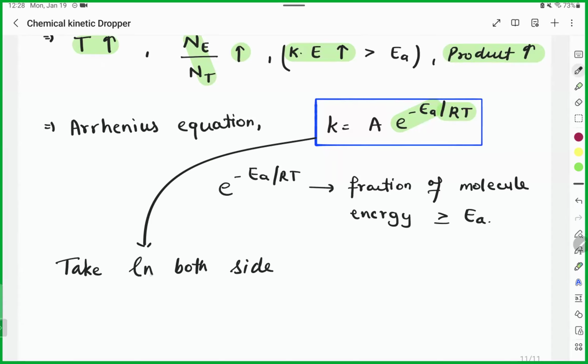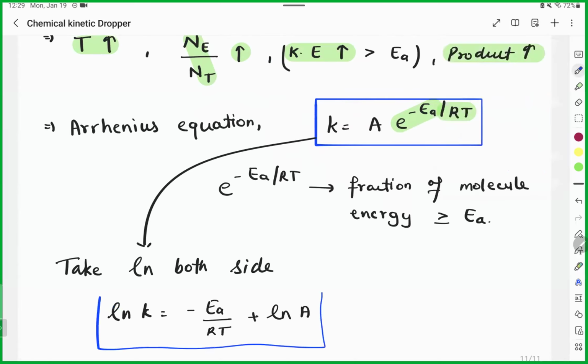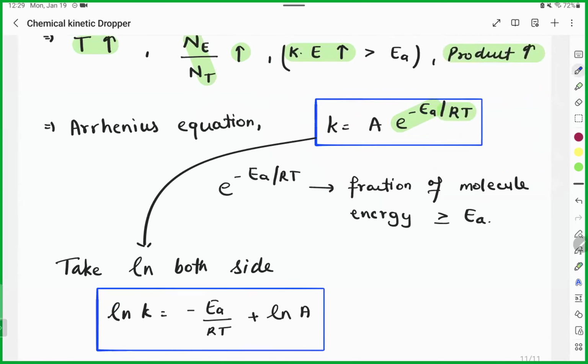If we take natural log both sides, natural log K will be equal to minus EA by RT plus natural log A. Any doubt about using the same equation?